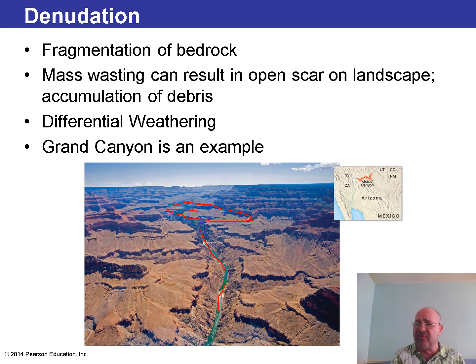It still moves around, just not nearly as much, but instead it incises. It begins to cut down through the landscape. You keep it in that channel, and it's just going to keep scouring, scraping, weathering, eroding all that material and moving it downslope and down valley, downstream. The Grand Canyon here is a perfect example.